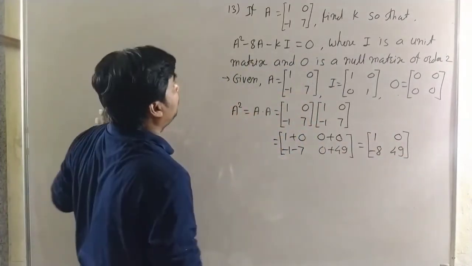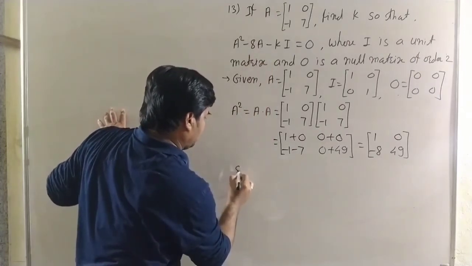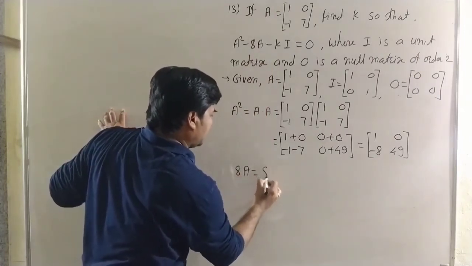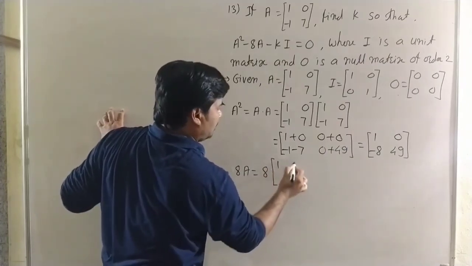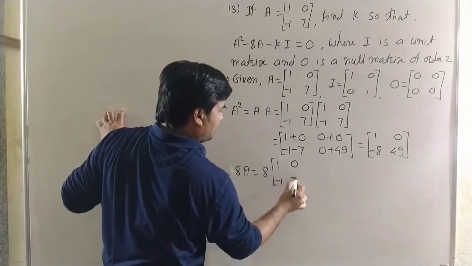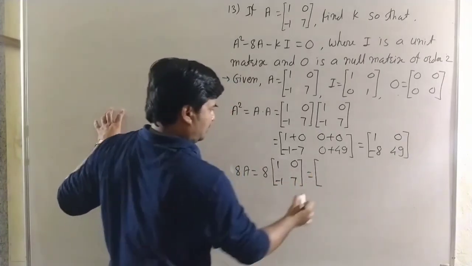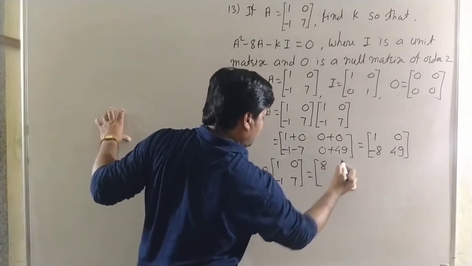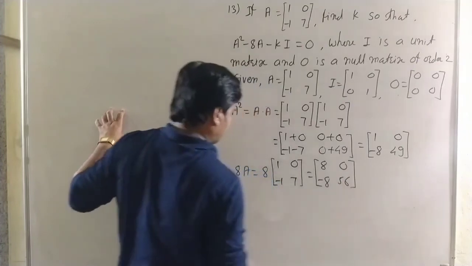Okay, now we find the 8A, that is 8 into matrix A, [1 0; -1 7], and therefore 8A becomes [8 0; -8 56]. Okay, it is 8A.